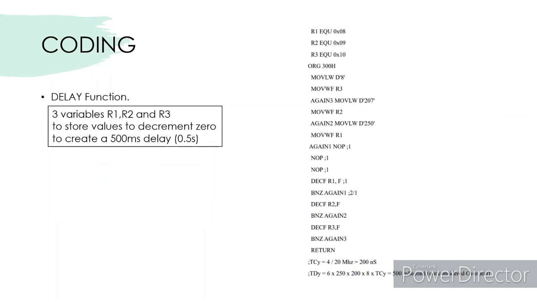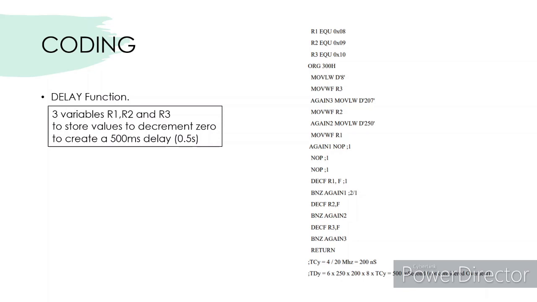And here is the third part of the program, which is the delay function. Here we use three variables, R1, R2, R3, and the origin starts at 300 hexa. We use the value 8 in R3, 207 in R2, and 250 in R1, which is all decimal value.